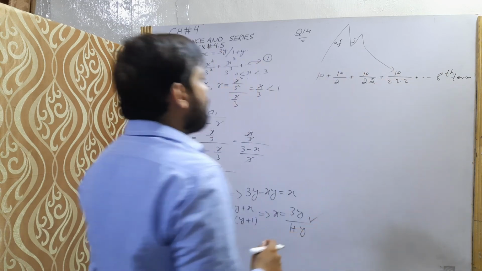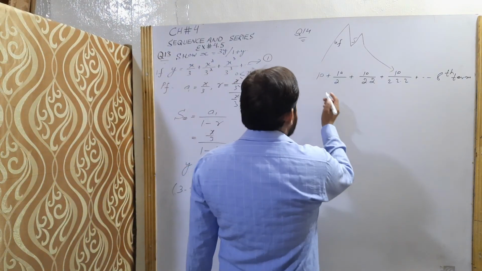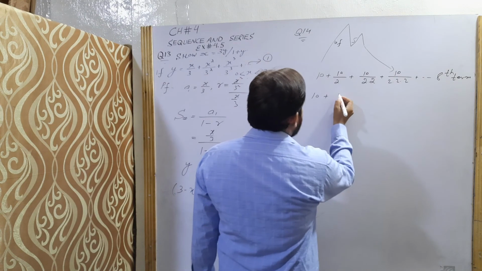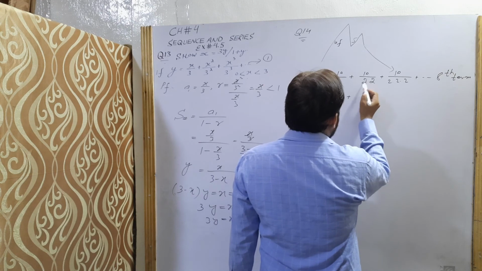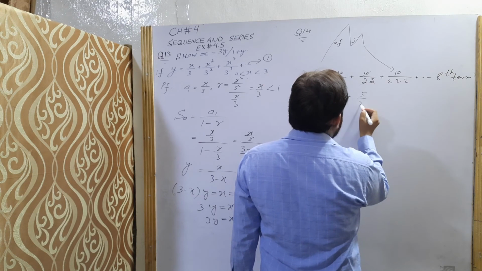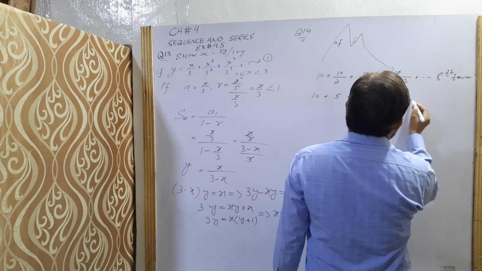How much distance does it travel? It means that we have to find the sum. So simple, dear student, it is a geometric series. This is 10 plus 5, and this is 5 by 2, and this is 5 by 4, plus and so on.